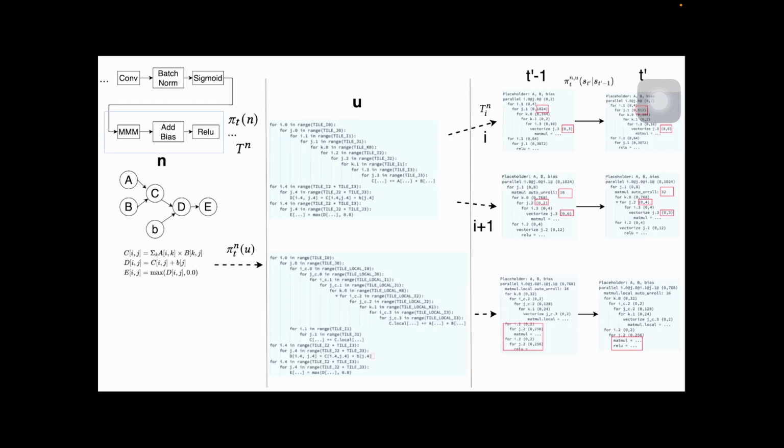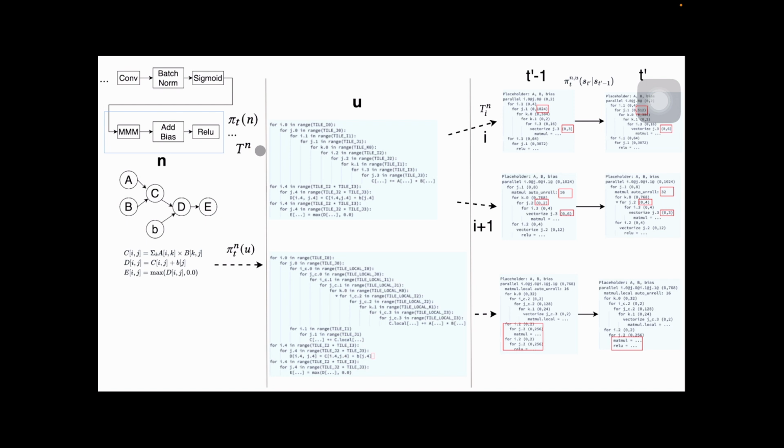Next is a concrete example of the above procedures. Here is the input neural network we are going to optimize. And at the current optimization round T, we select this subgraph to optimize. In each optimization round, we select the subgraph N with a certain probability, which we denote as pi t.